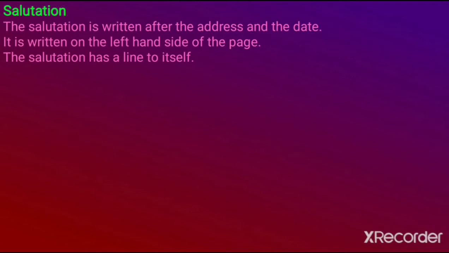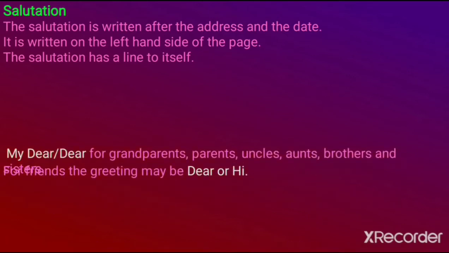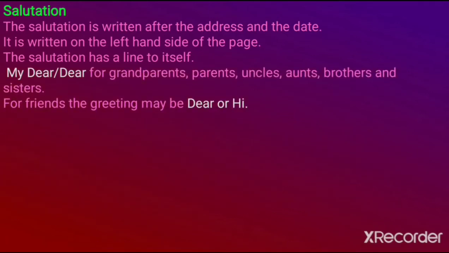The form of greeting will depend on whom you are writing to and your relationship with the person. Usually start out with my dear or dear for grandparents, parents, uncles, aunts, brothers and sisters. For friends, the greeting may be dear or hi.